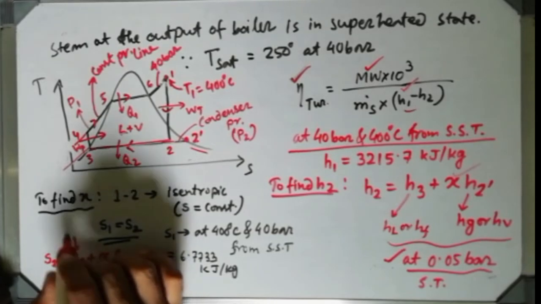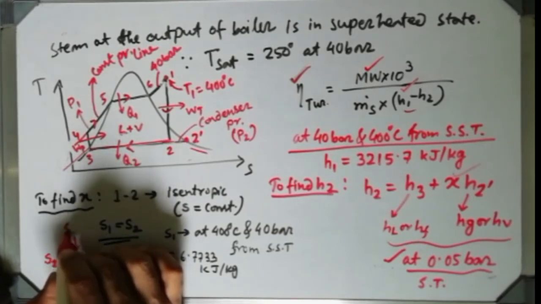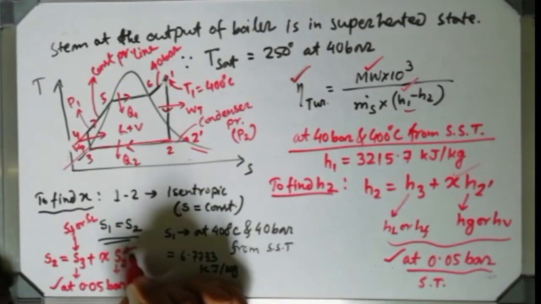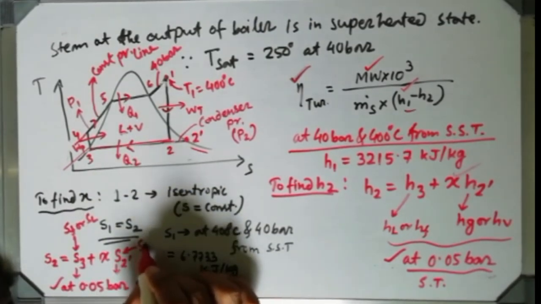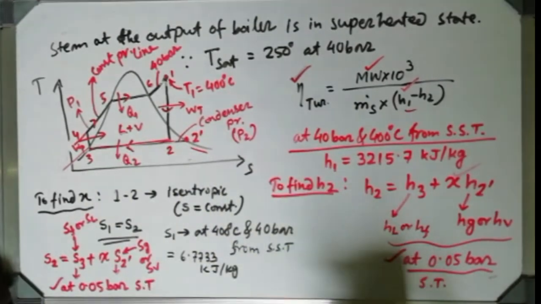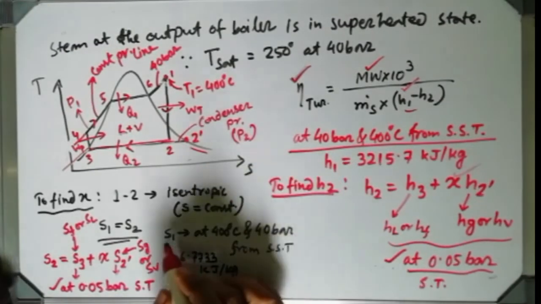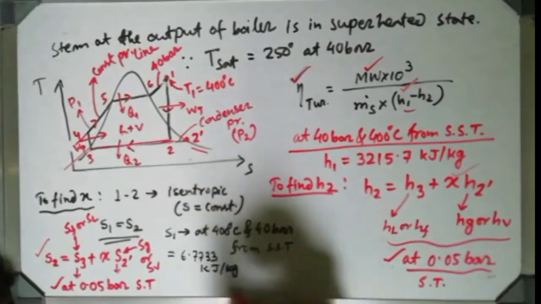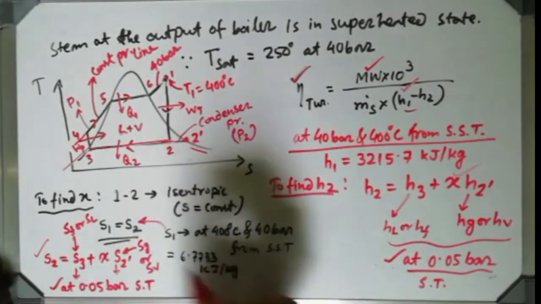S3 there will be represented by either SF or SL, and S2 prime will be represented by SG or SV. This kind of notation will be there. And already S1, or rather S2, is known to us, because S1 and S2 are the same.